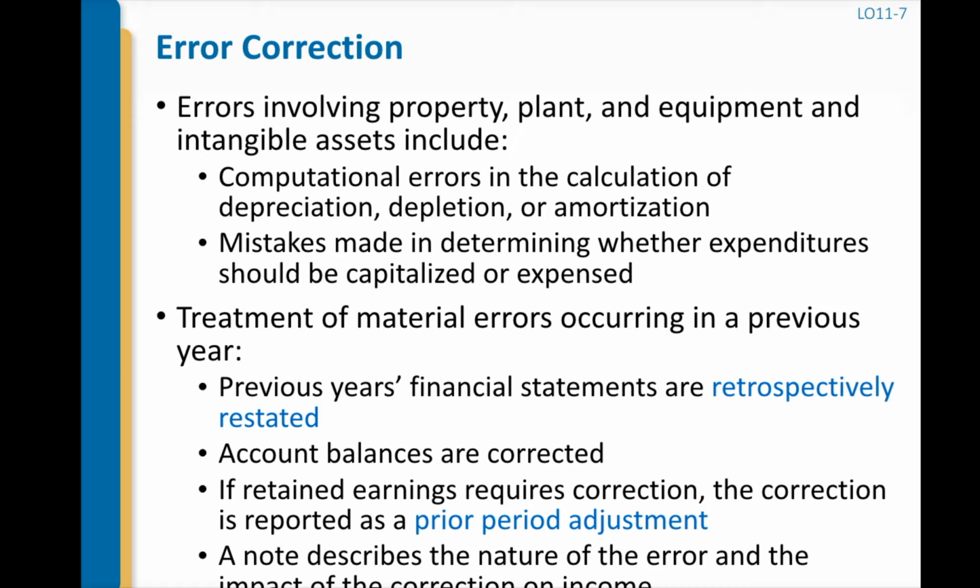But assuming that you make the designation that you've encountered a material error in the previous recording of financial statements, you then have to go back as far as you see the error and make changes wherever the changes need to be made and correct the account balances.